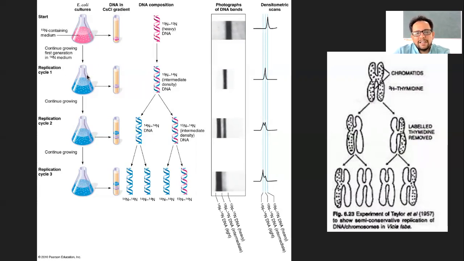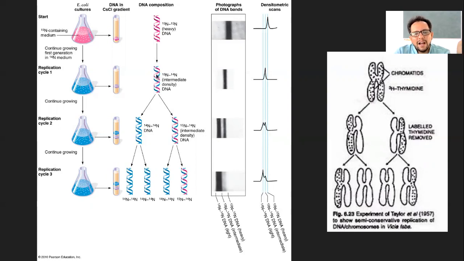Now, when you take the sample after 20 minutes, you see the medium, which was N15, has been changed to the regular medium. You let it grow for 20 minutes, which is one generation time, and then you take out some sample and again extract the DNA. So here one DNA strand will be of the parent molecule, that is N15, and the other will be N14, which is the newly formed DNA strand, taking N14 from the ammonium chloride present in the culture medium.